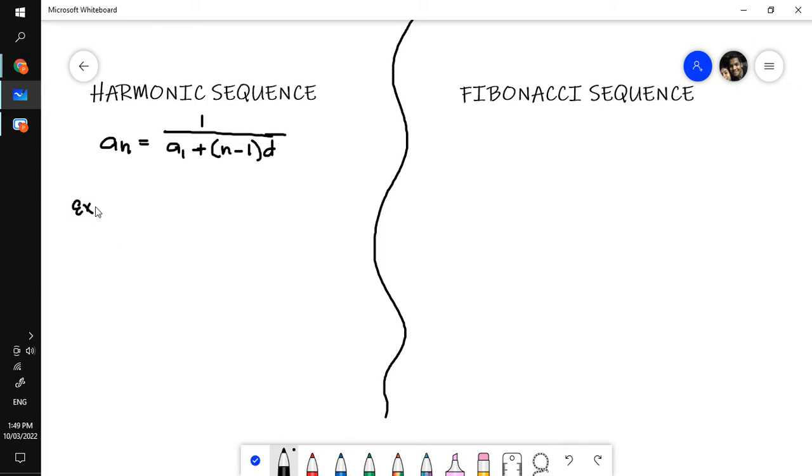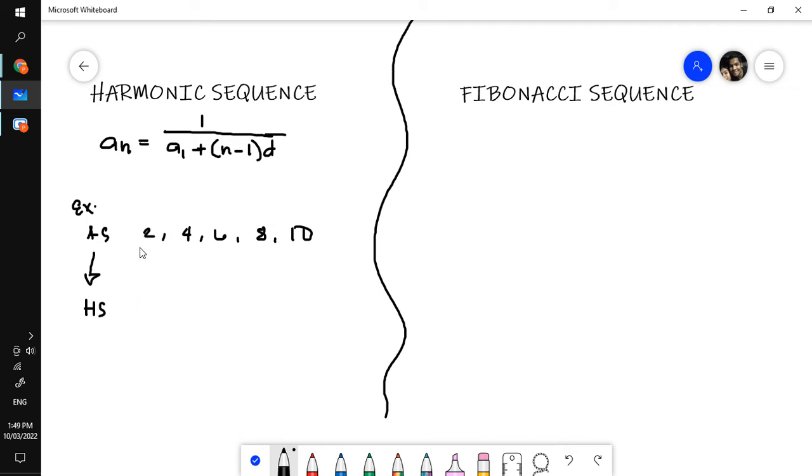So for example, you have here the arithmetic sequence 2, 4, 6, 8, and 10. This will give you your harmonic sequence. So again, harmonic sequence is just the reciprocal of arithmetic sequence.